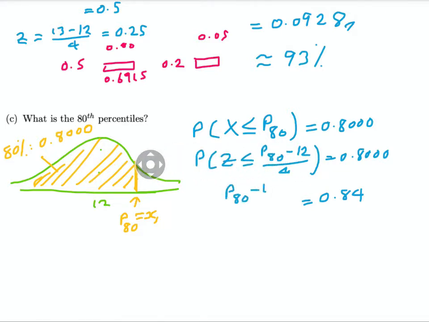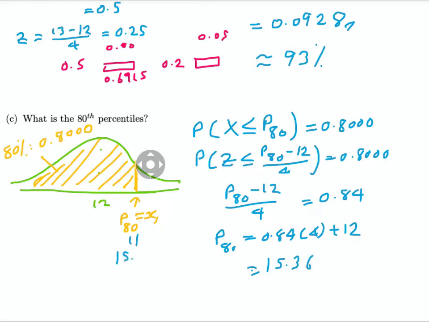(P80 minus 12) divided by 4. Then we can simplify: P80 equals 0.84 times 4 plus 12. So this equals 15.36.